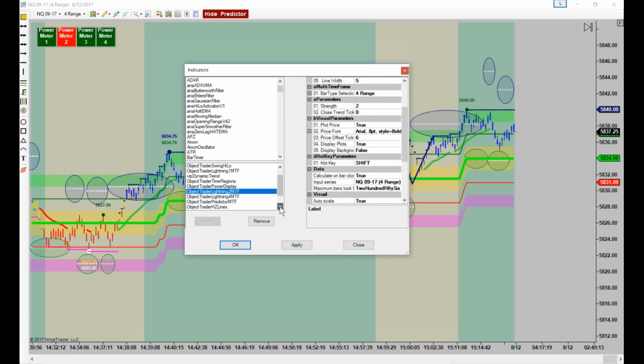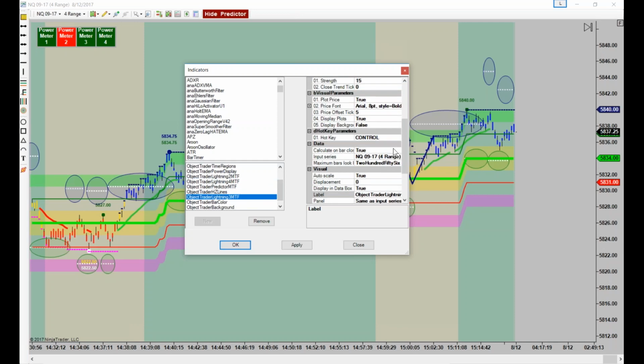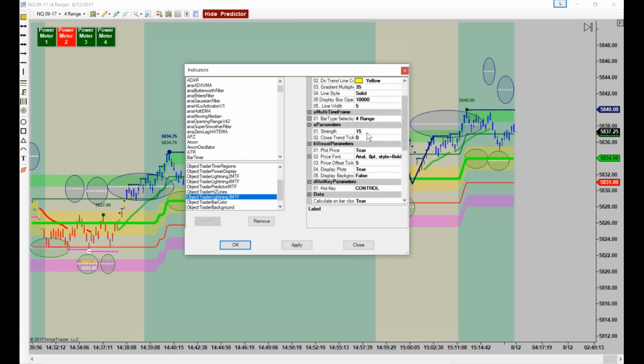Lightning 3 is a 4-range but 15 strength. Now what that's looking for is not necessarily 15 strength. It's got algorithms built into it too, so it knows when it's gone past the point of no return. So you'll still get your swings drawing earlier than a full 15 swing strength.